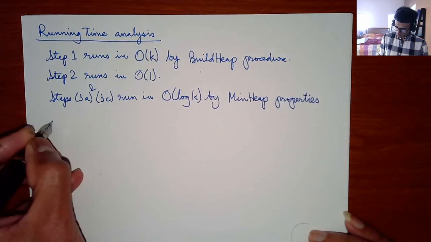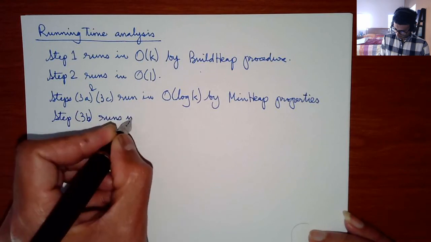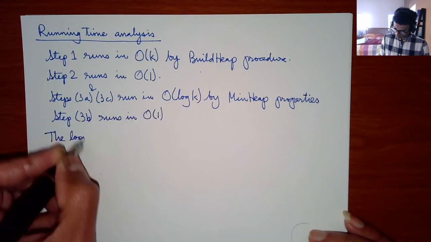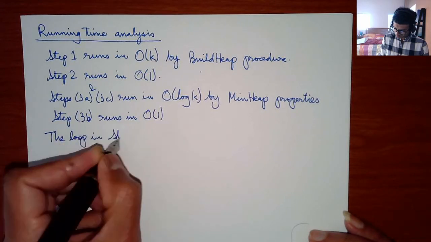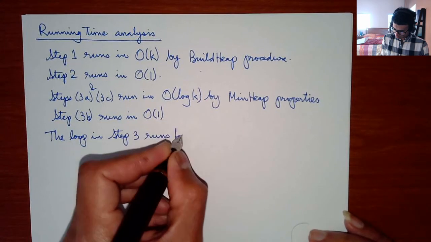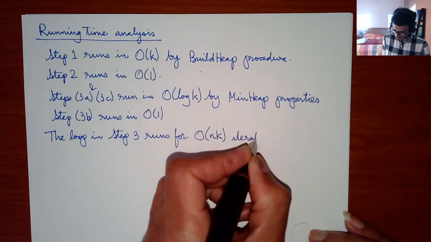And you say step 3b runs in O of 1. The loop in step 3 runs for O of nk iterations.